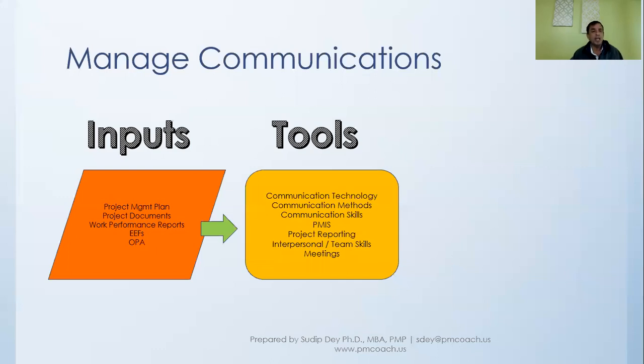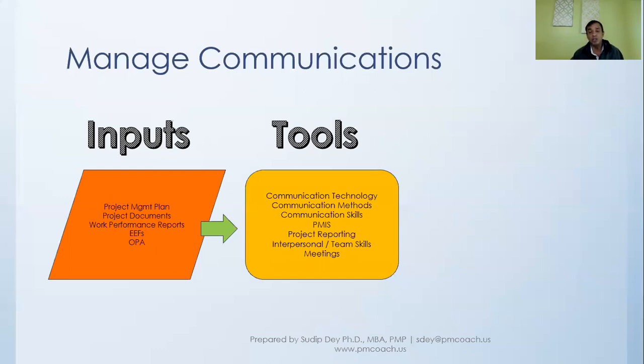So the inputs that we'll have here are project management plan, project documents, work performance reports. And basically what we are trying to do here is implement the plan that we made. This is what manage communication is about.